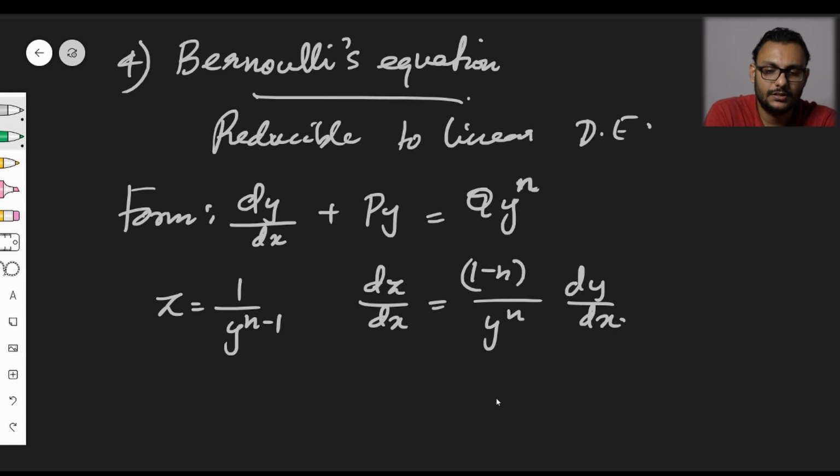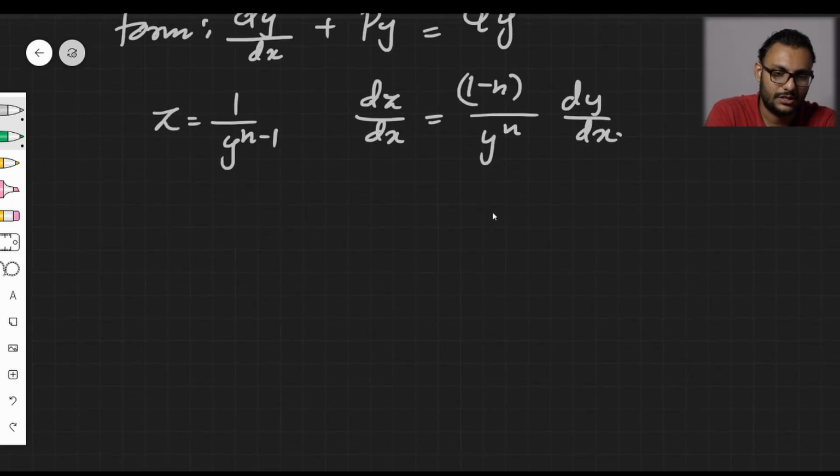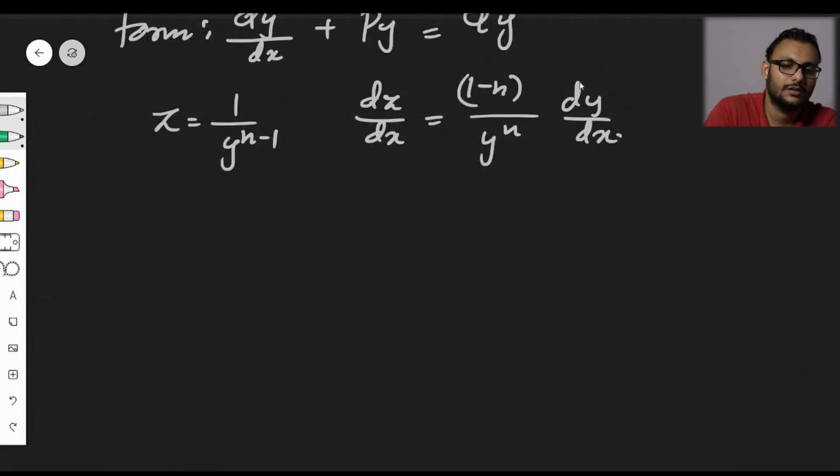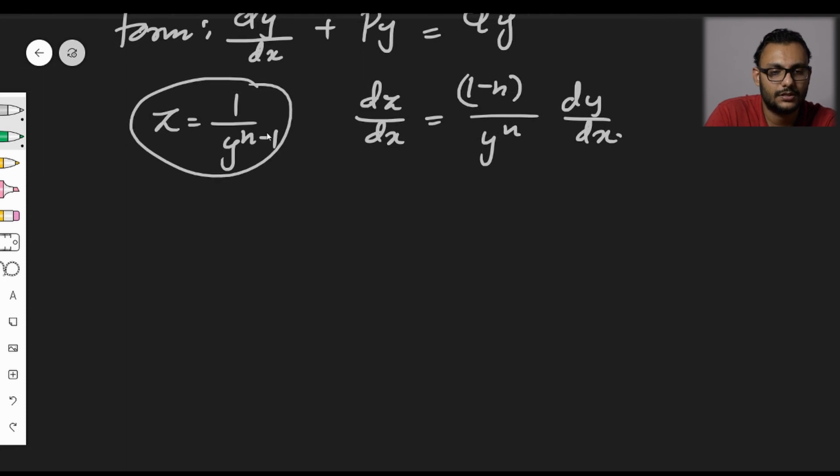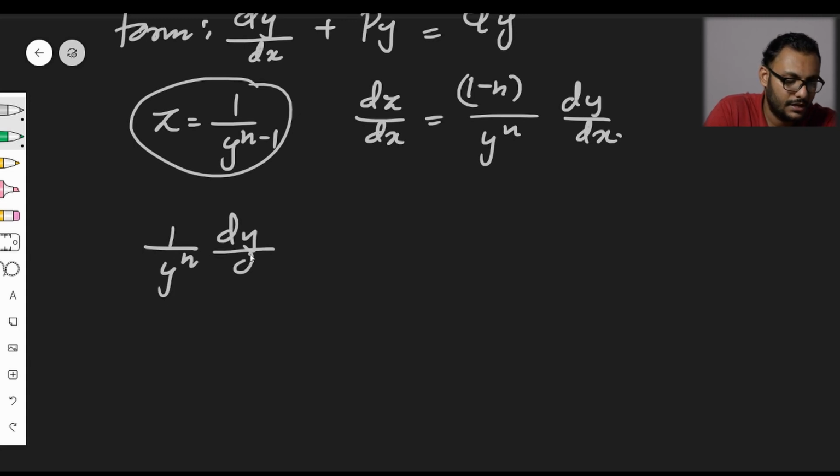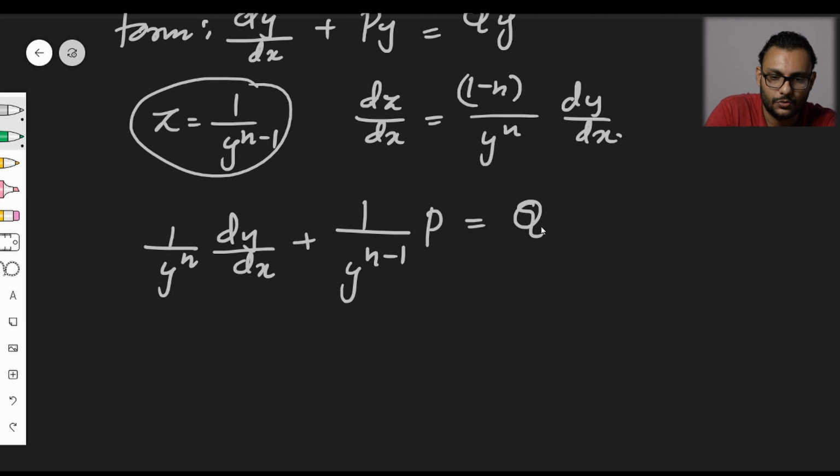Now substituting this result into our equation, instead of dy by dx we will substitute this term. So finally we can rewrite it as 1 by y raised to n dy by dx plus 1 by y raised to n minus 1 p equals q.